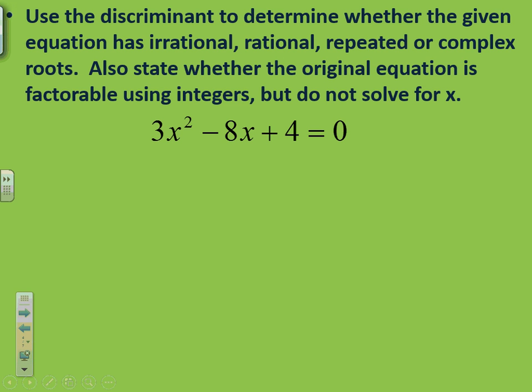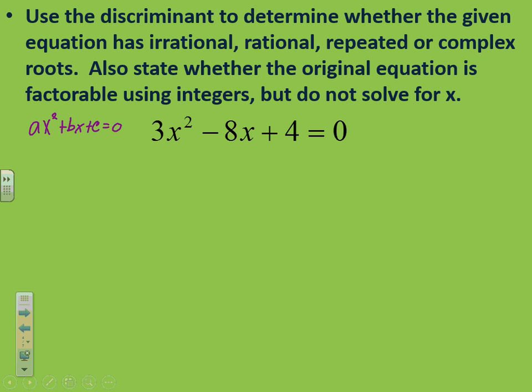So here, keep in mind the standard form of a quadratic is ax squared plus bx plus c equals 0. So we're using that model when it comes to figuring out what we substitute into the discriminant to see what type of solutions we have.